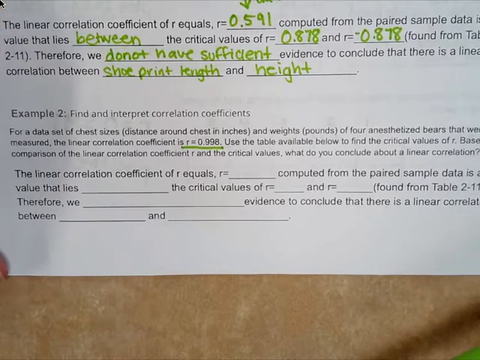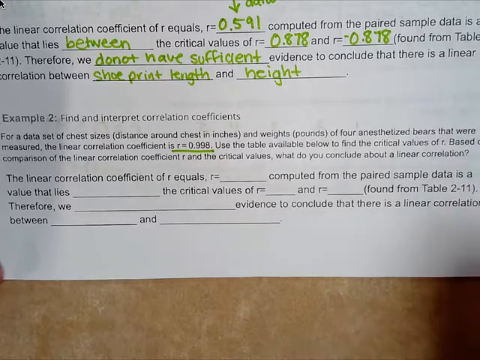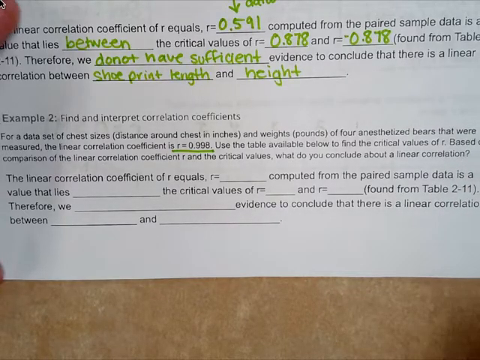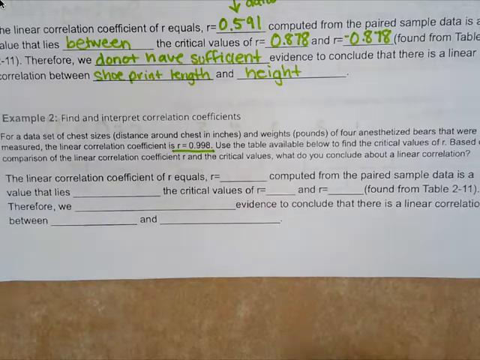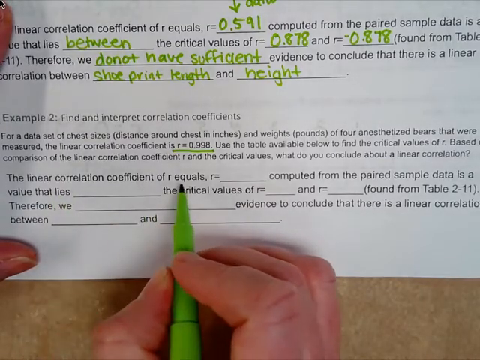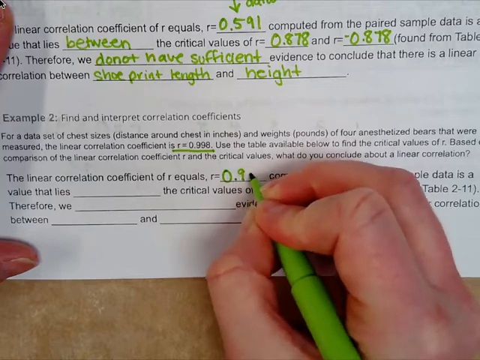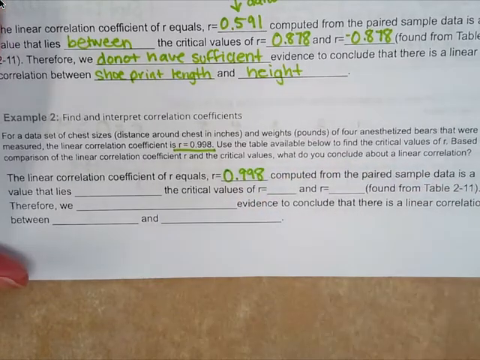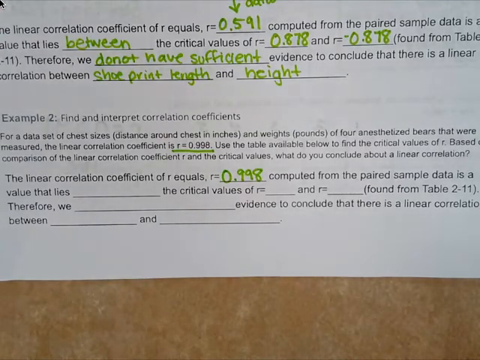Use the table above to find the critical values of R. Based on a comparison of linear correlation coefficient R and the critical values, what do you conclude about the linear correlation? So let's start filling in the blanks here. The linear correlation coefficient R equals 0.998. That's what was computed from paired sample data.